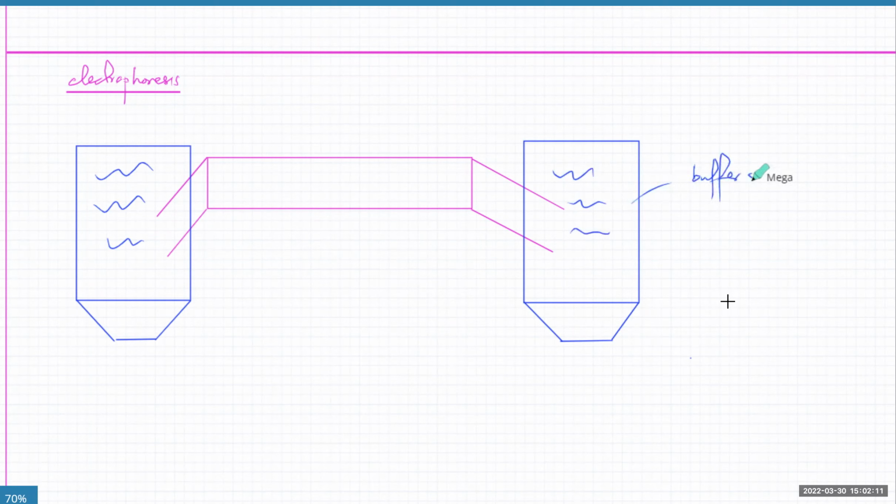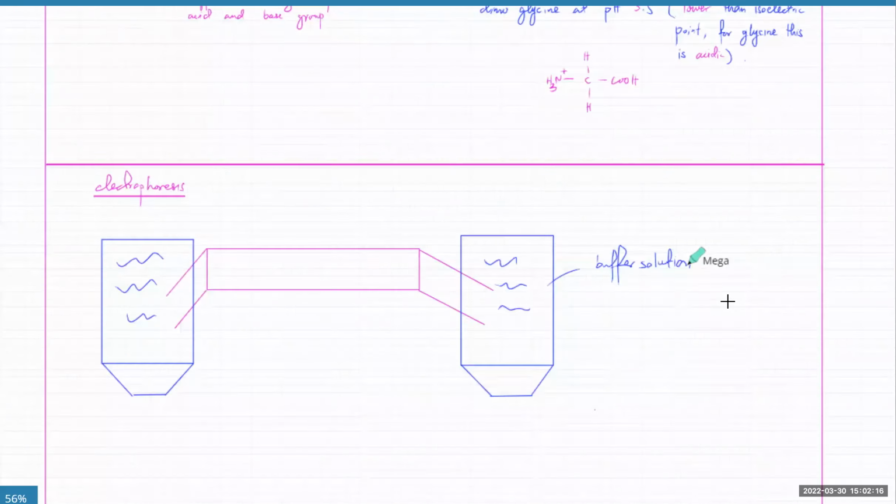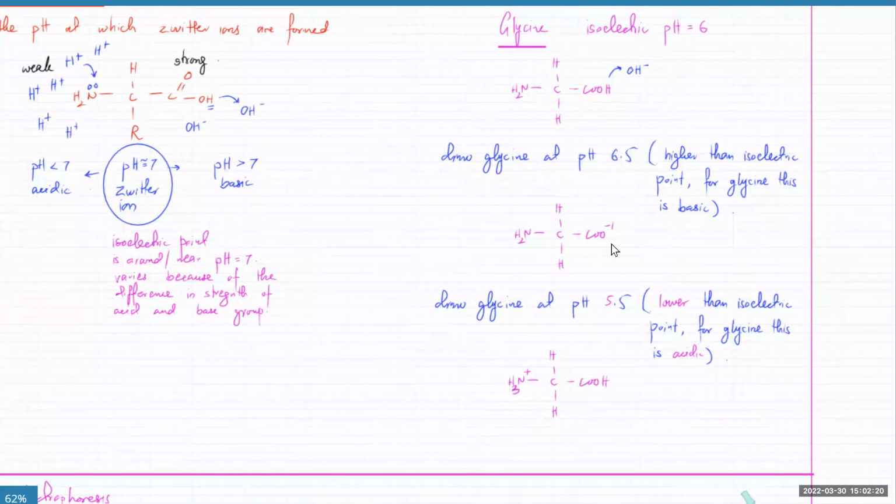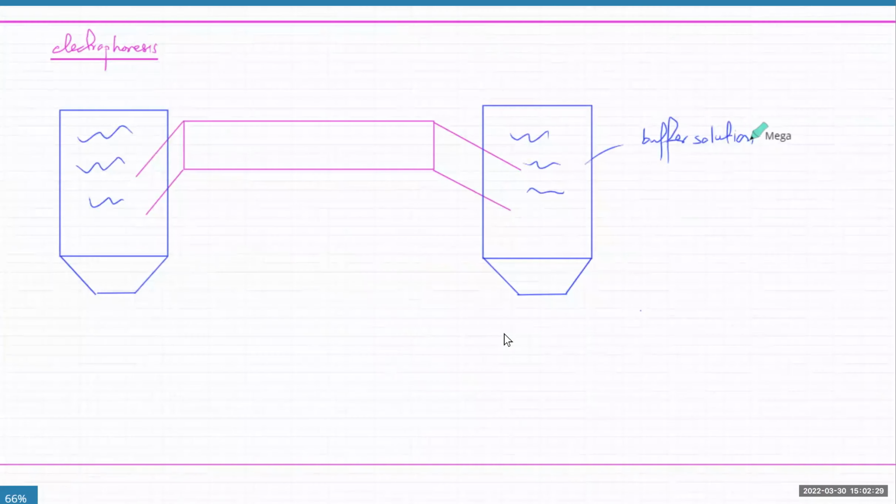So the reason you add a buffer solution is you don't want the pH to change. If the pH changes, the amino acid changes. If the pH becomes too basic or too acidic, the amino acid would actually change. So you want to keep the pH constant.